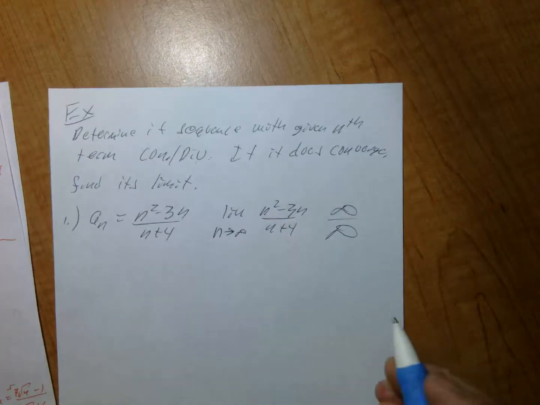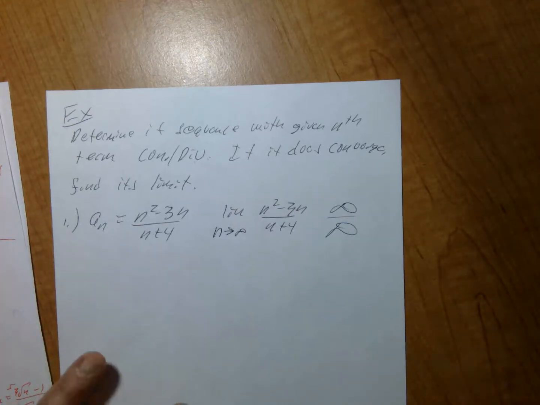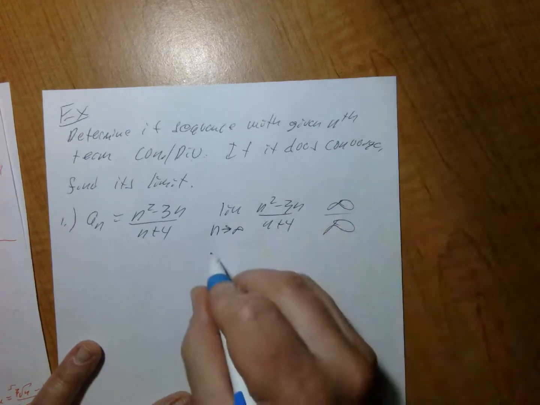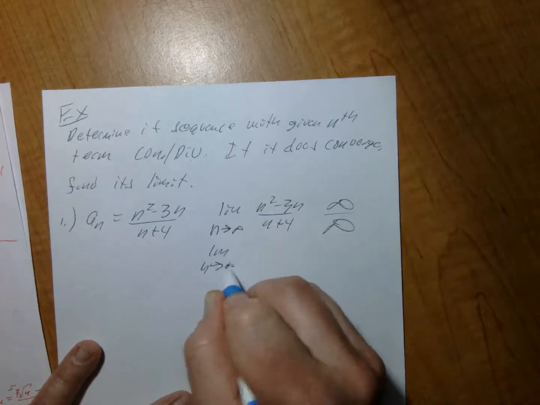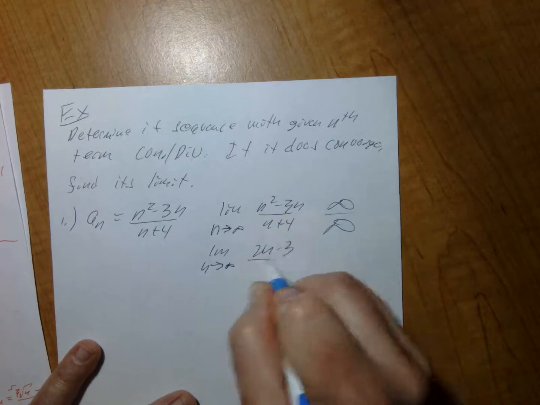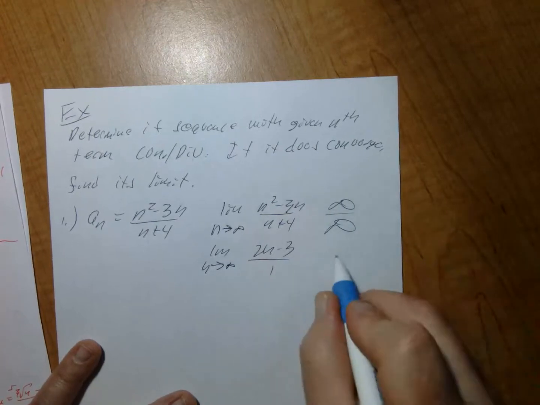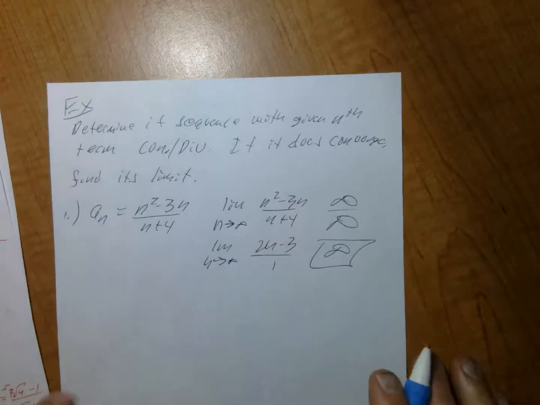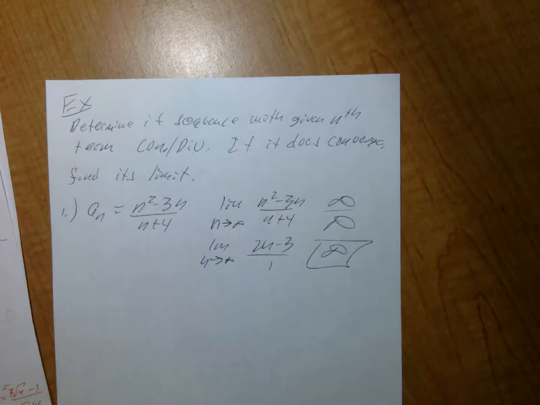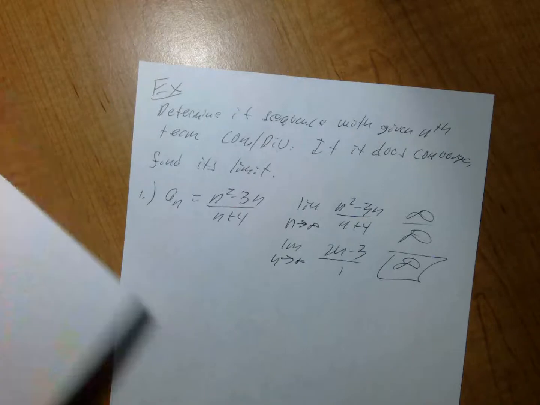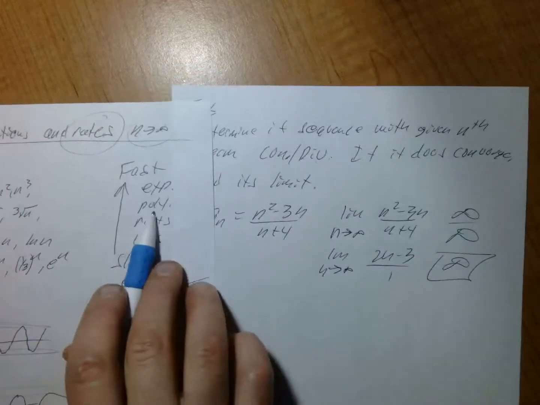So you could jump to it, but do realize you are circumventing things, looking at the analogous continuous real valued function and then coming back to the idea of a sequence. You could use L'Hopital's rule if you wanted. Then the top would be 2n minus 3, and the bottom is obviously 1, and the whole thing shoots off to infinity. But the ultimate point, when you see something like this, goes back to that ranking idea, right? So when you're talking about polynomials, right?